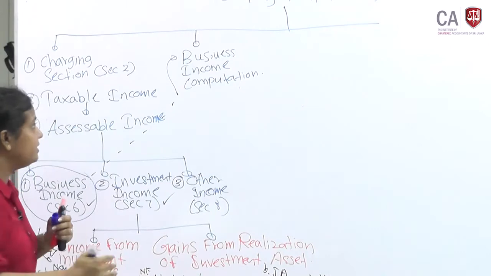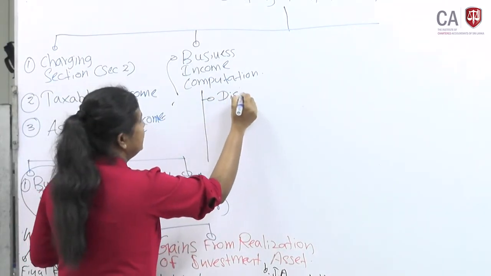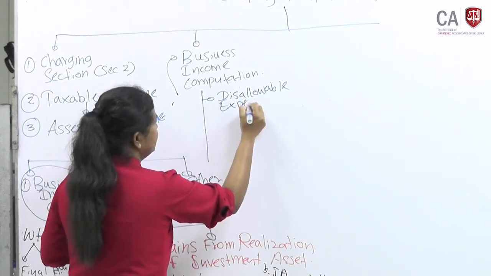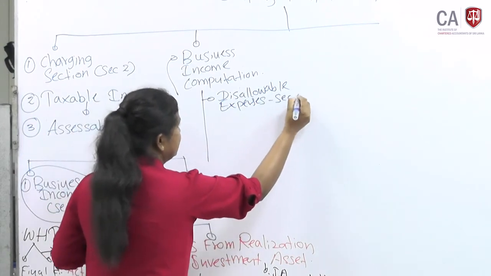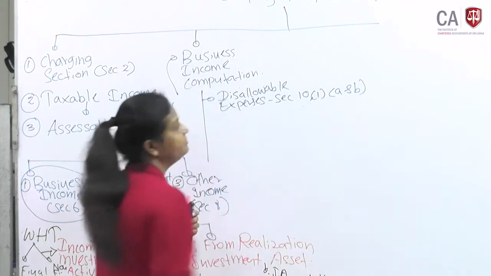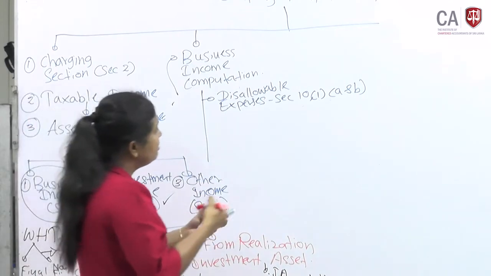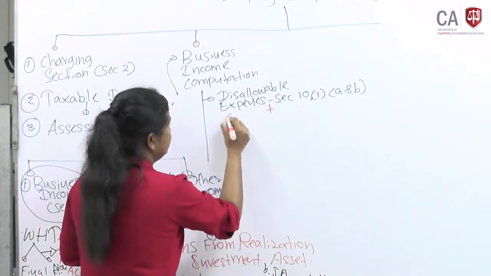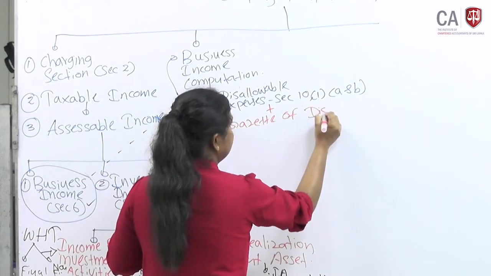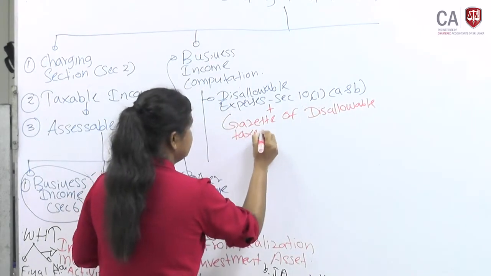I have explained that in this you should know the disallowable expenses in section 10, subsection 1(a) and (b). In these disallowable expenses, you should know the disallowable taxes and levies combined.